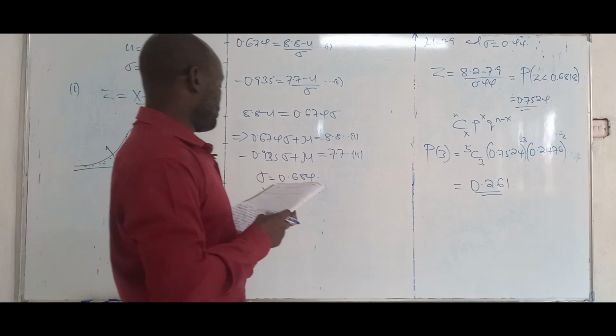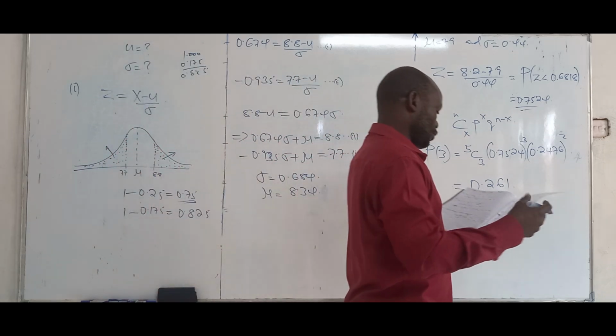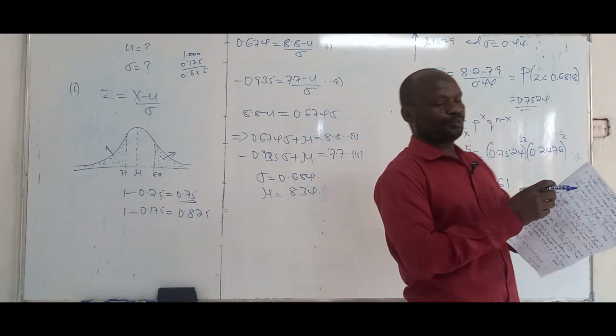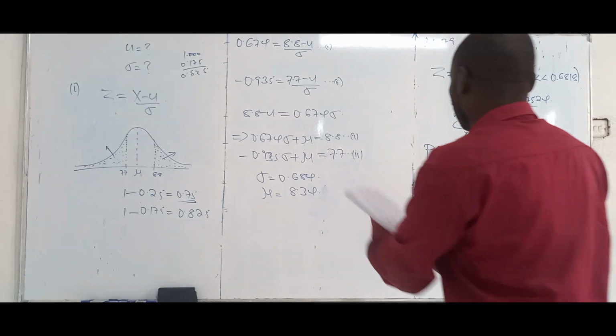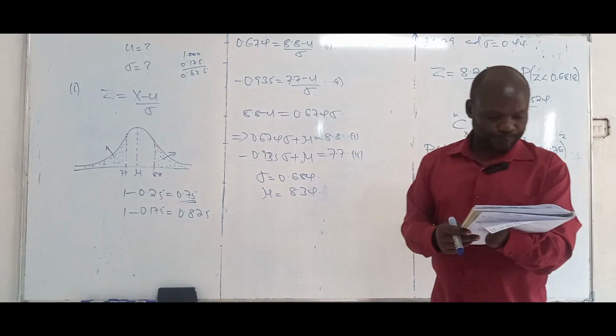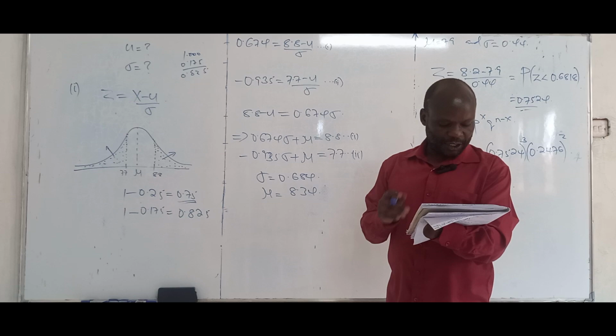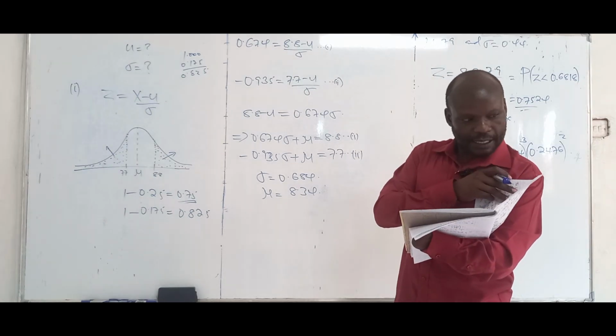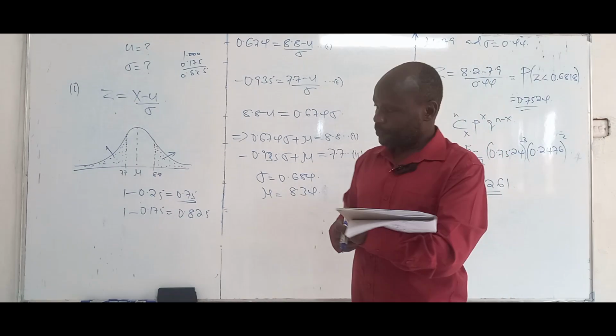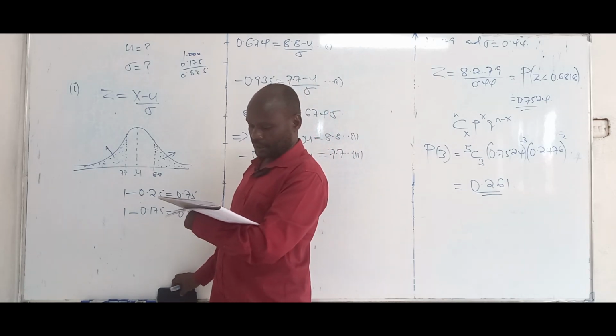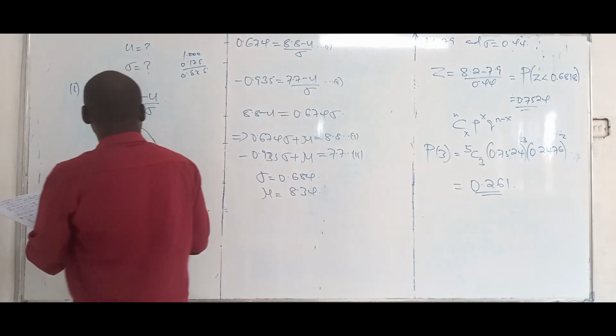That's the probability that is required in Roman 2. Well, the part B, which is the last one: the random variable x has a normal distribution. Let's see.